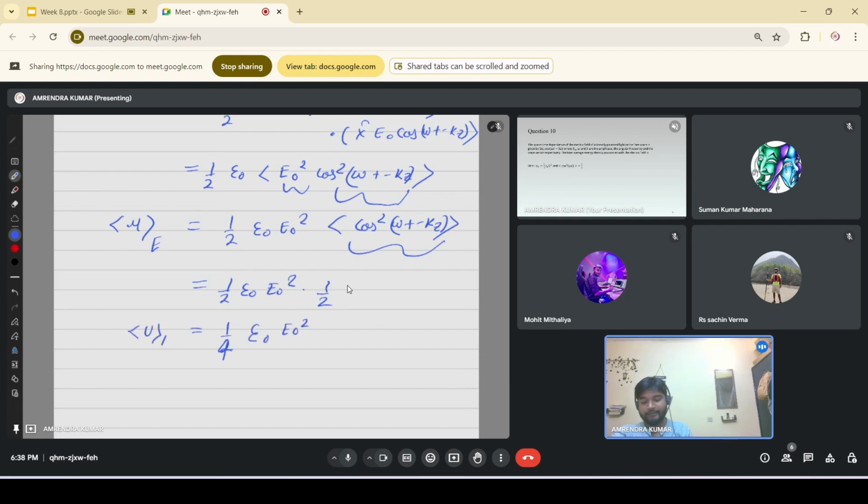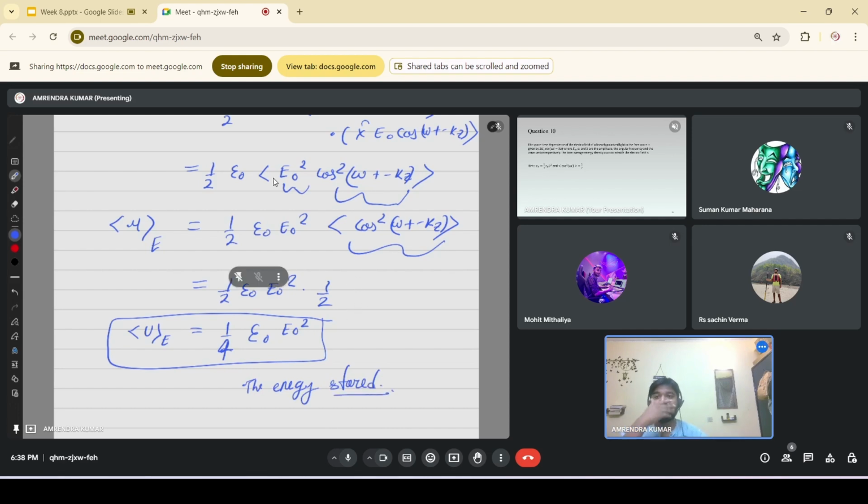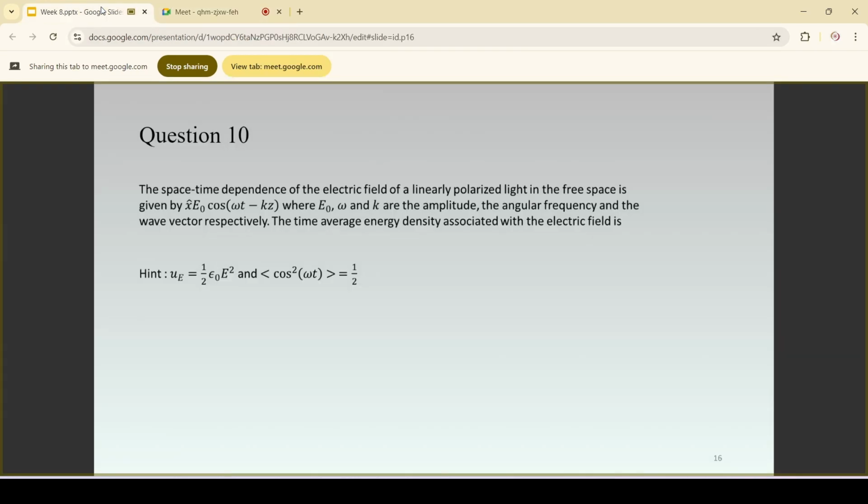So U E is just this: the energy stored in the electric component of this electromagnetic wave. It's 1 by 4 epsilon naught E naught square. Okay, and we can go to the next question.